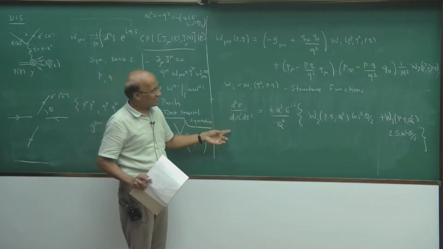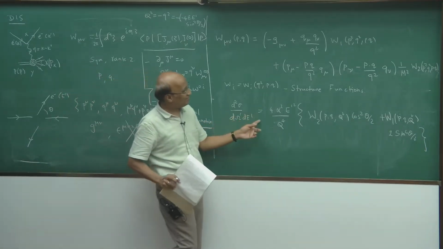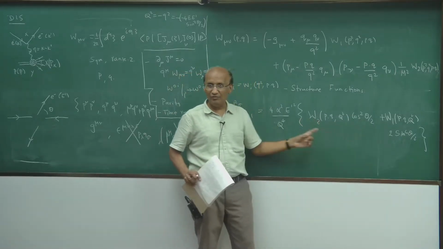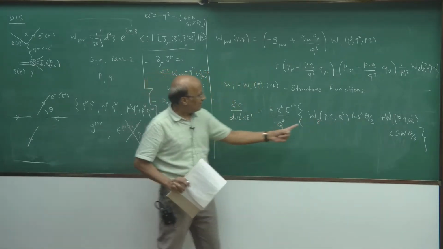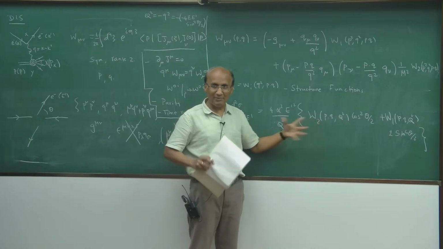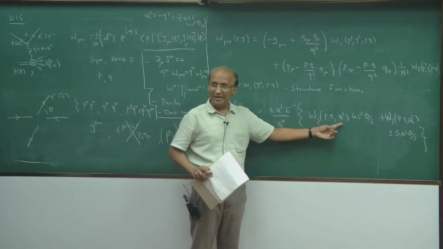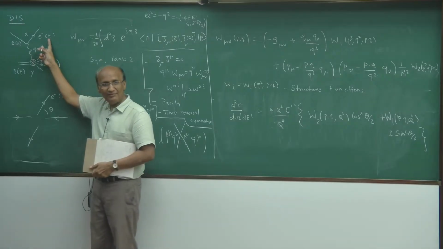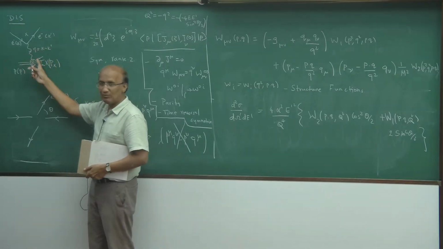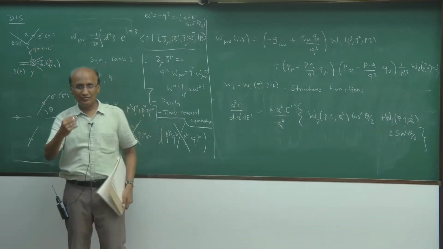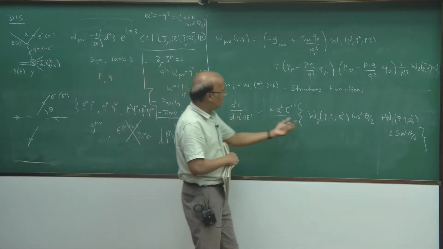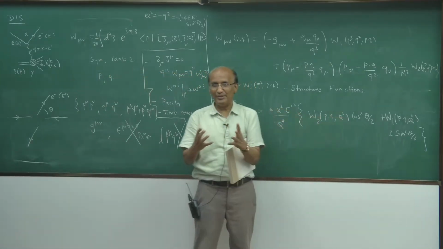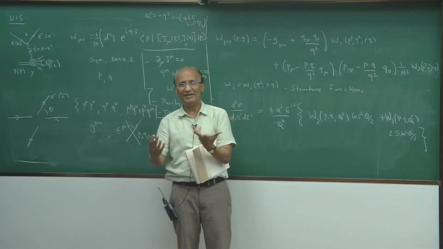You can ask experimentalists to perform this experiment, look at the angular distributions, and extract this for various values of the incoming proton momentum. From the momenta of the final state leptons, you can find out what the Q dependence is. So for every possible Q and P, you can extract this as a function of P dot Q and Q square. These are two invariants.